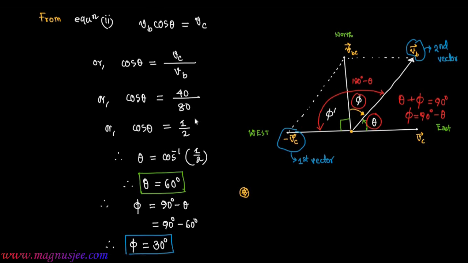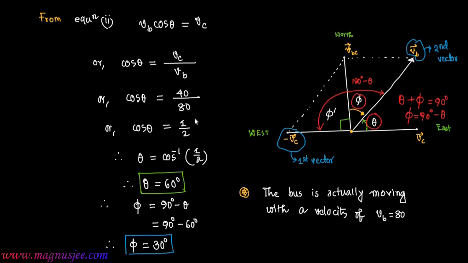So what we can conclude is that the bus is actually moving with a velocity of VB equal to 80 kilometer per hour at an angle of phi equal to 30 degree east of north.